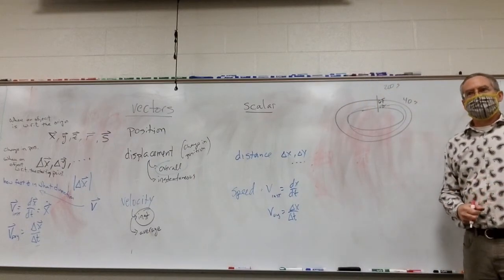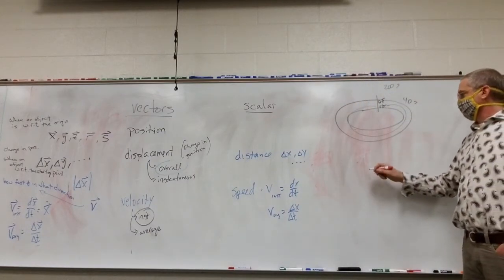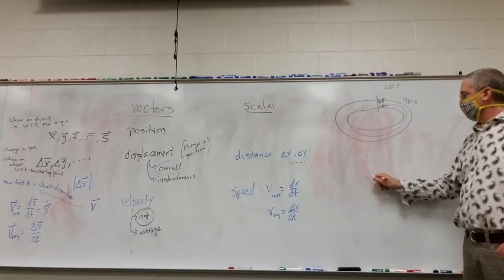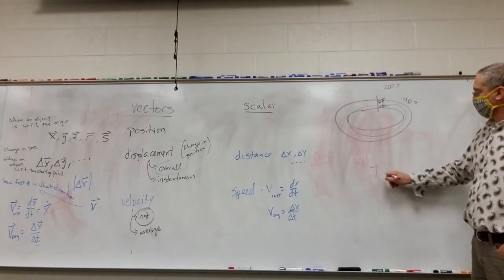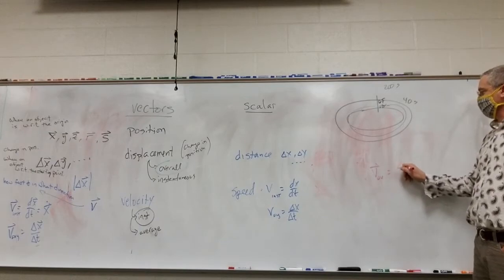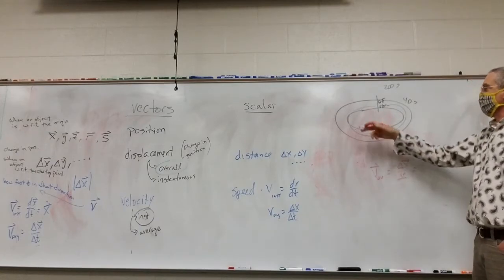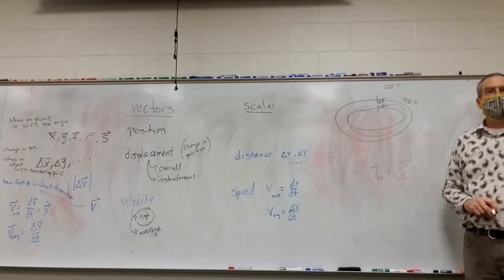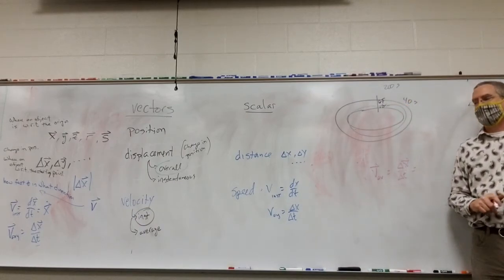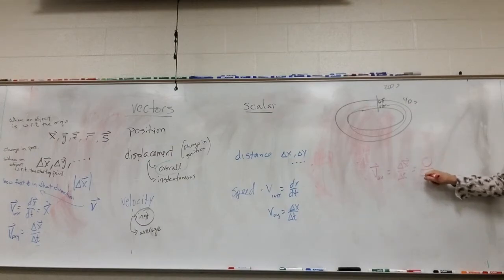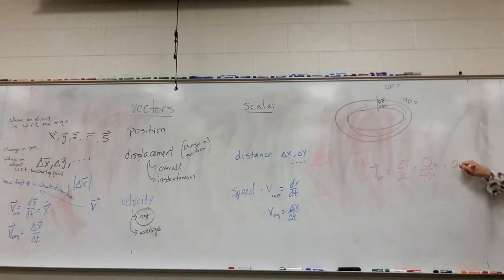Let's figure out our average velocities. Average velocity is just displacement divided by time. So when Usain Bolt gets back to the starting point, what's his displacement? Over 40 seconds, that's 0 meters over 40 seconds, so his average velocity is 0 meters per second.